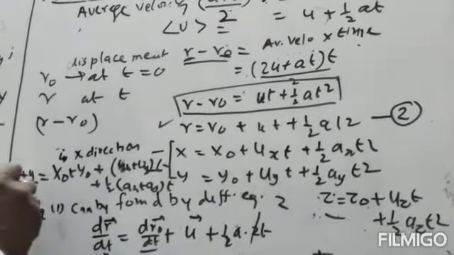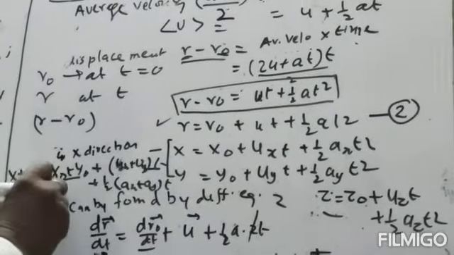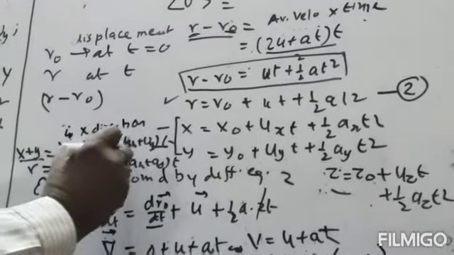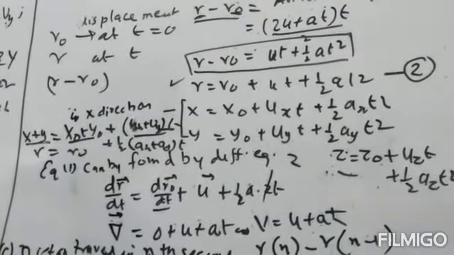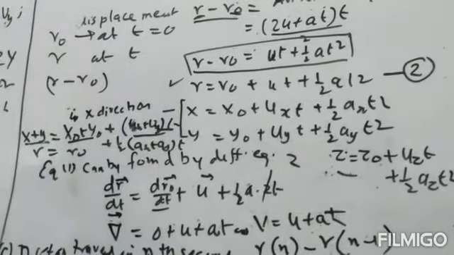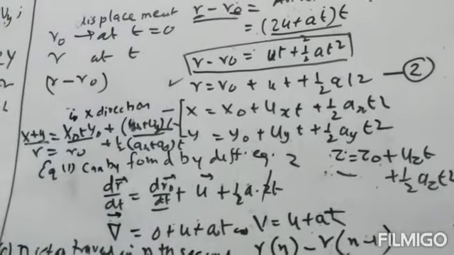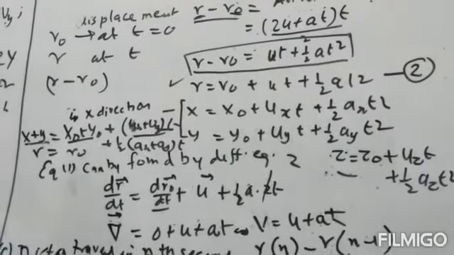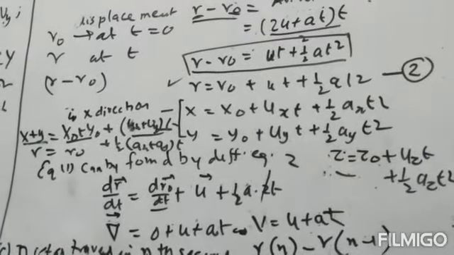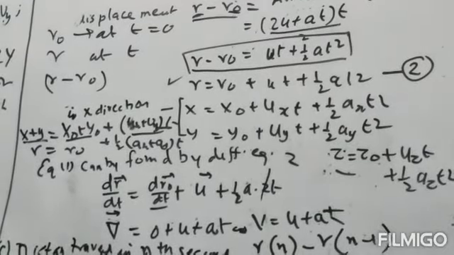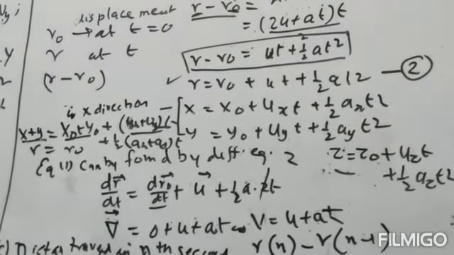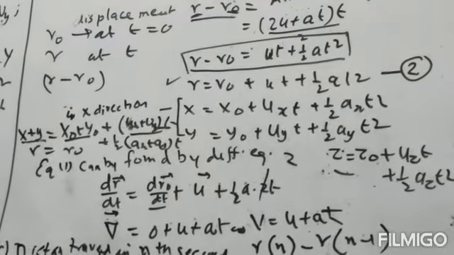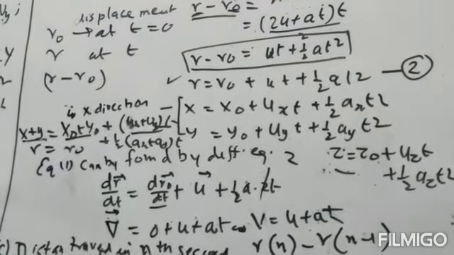So this will be total r, this will be total initial r0, this will be total velocity ux plus uy, and here total acceleration. So it is one and the same thing. The 2 dimensions or 3 dimensions are a superposition of all the dimensions.